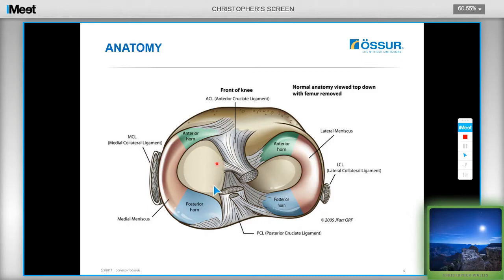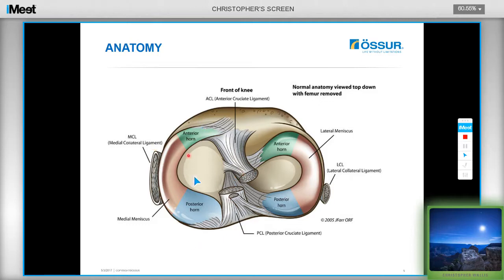Another key thing to remember as far as differences between the medial and lateral menisci is that the medial meniscus is firmly attached to our medial collateral ligament, whereas our lateral collateral ligament is free of the lateral meniscus. So the medial meniscus does not have the same degree of mobility as the lateral meniscus because it is connected to the medial collateral ligament.